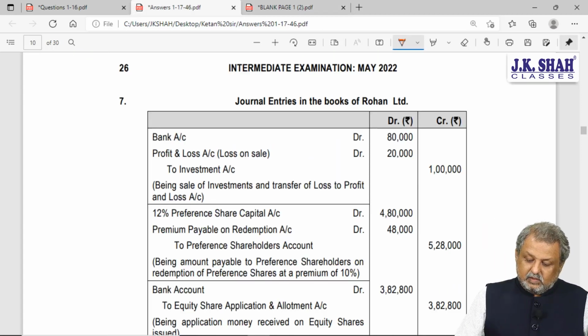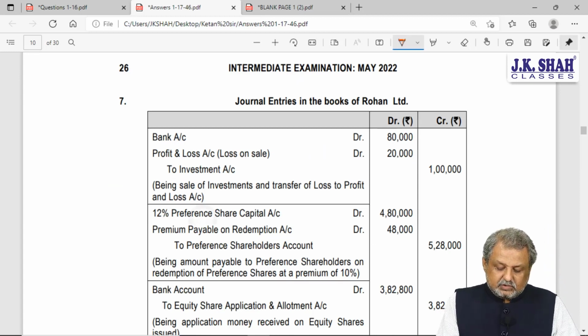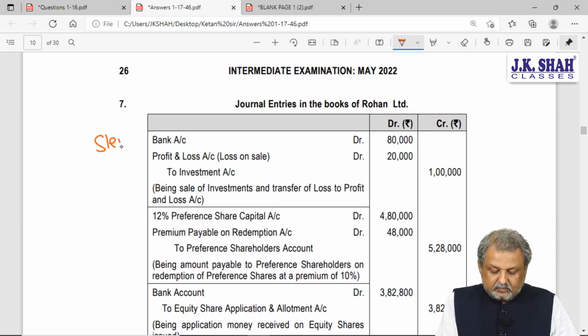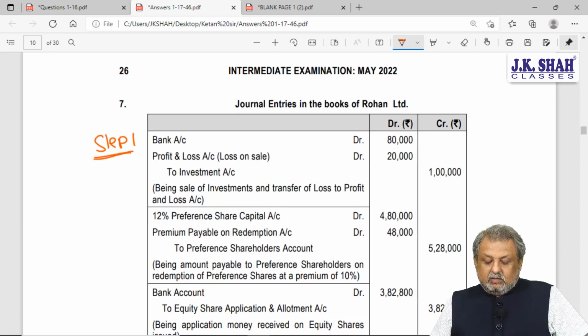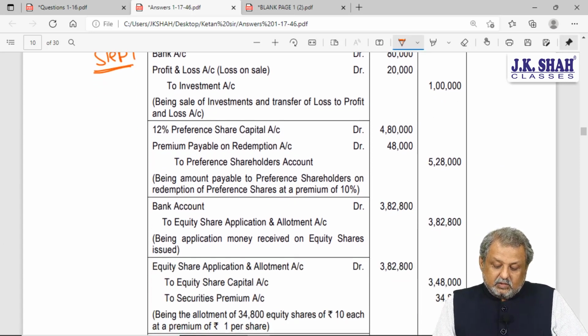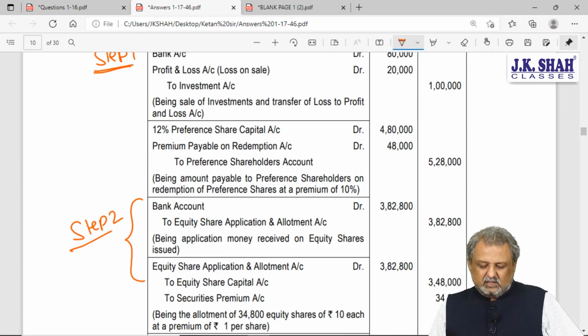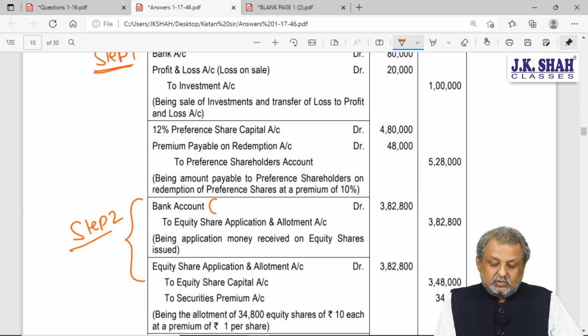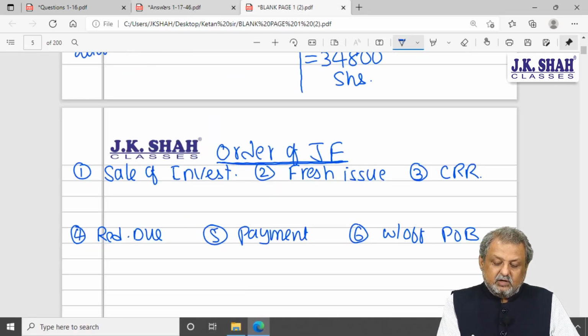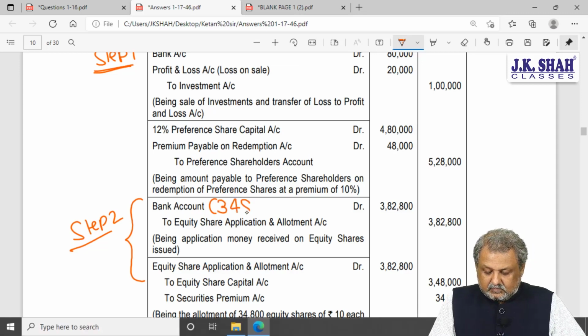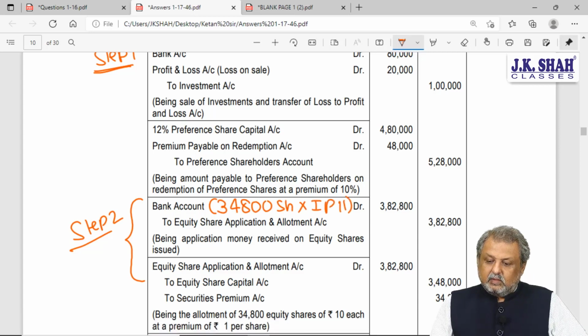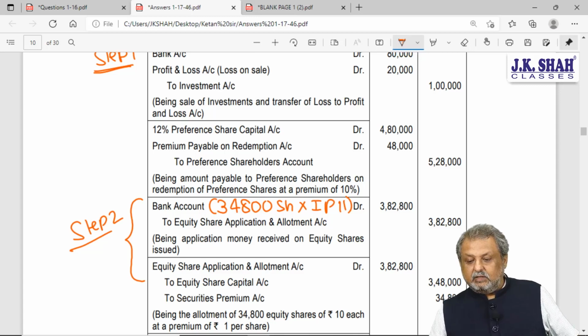Now, as far as the journal entries are concerned, this for us is step 1. Then this, step 2. Now they have written application and allotment. You may write direct entry, bank debit to equity capital to premium. Bank debit how much? So 34,800 into 11, 3,82,800.